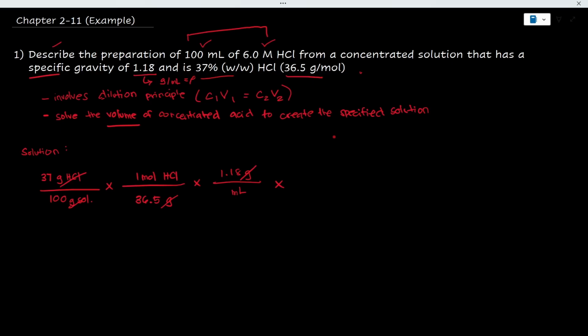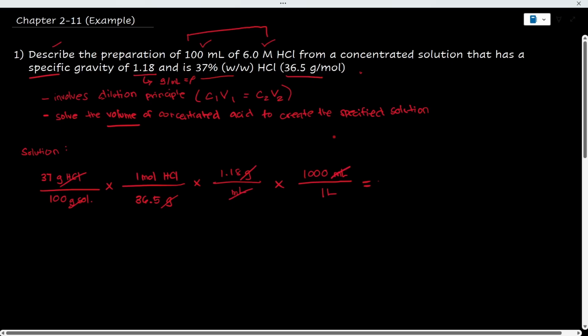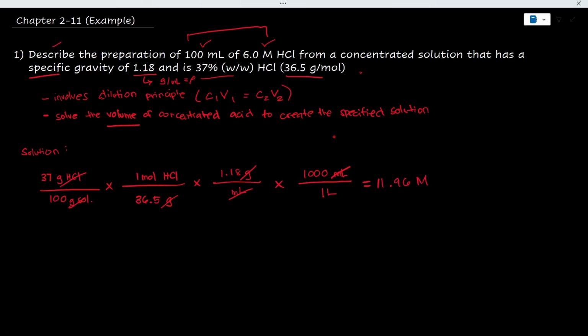Our aim here is to create a unit of mole per liter, or molarity, so let's convert that to liters. Now you can solve for the molarity, which is 11.96 molar.